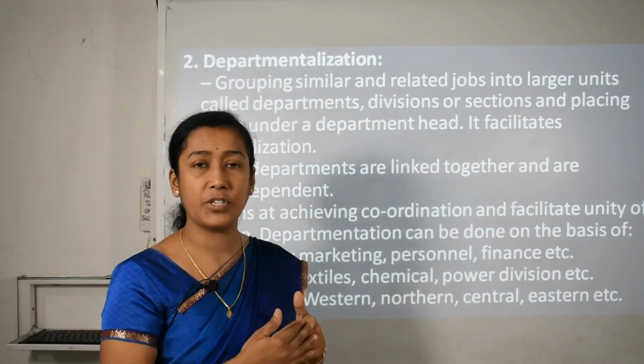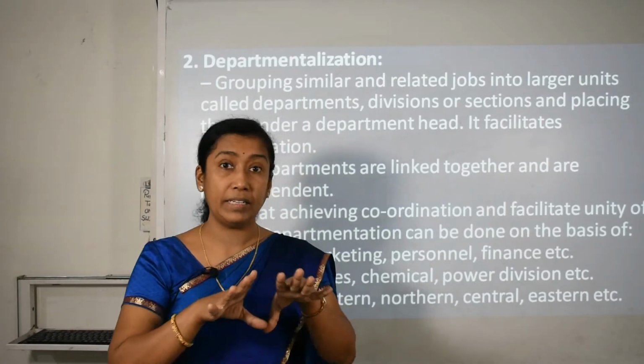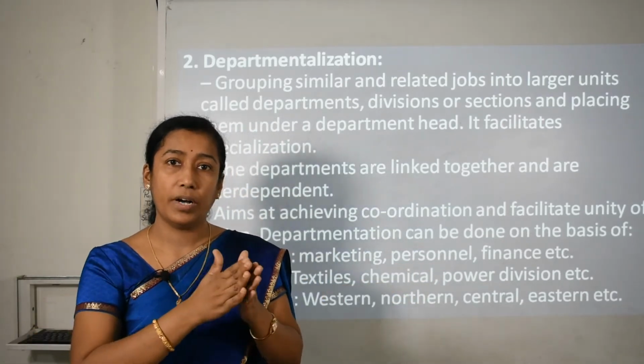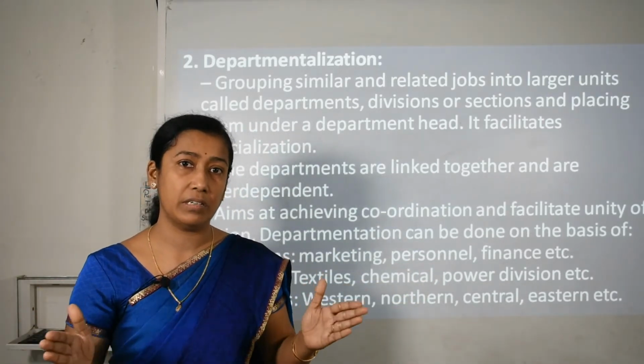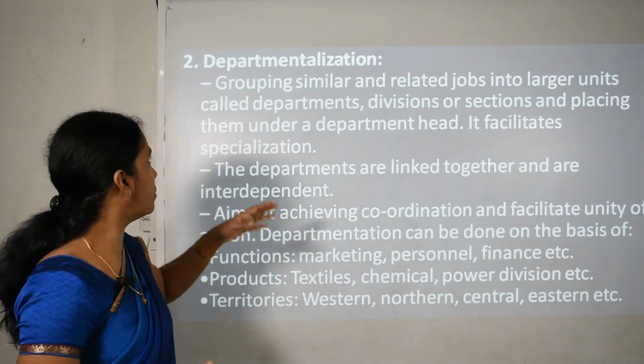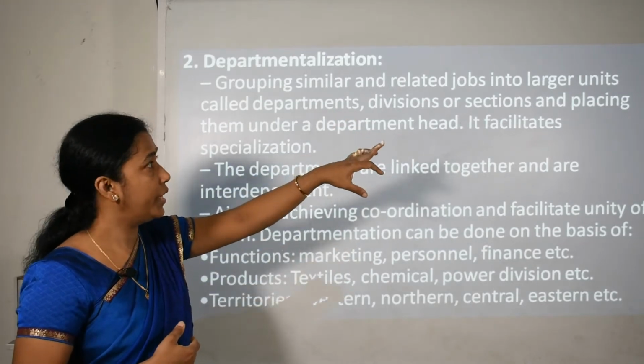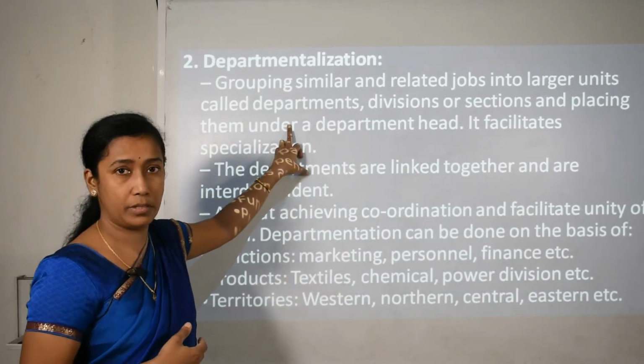After identification of the work and placement of the job, the second work is to make departments, that is to arrange the work according to various departments. It can be sales, purchase, marketing, various departments. So, grouping similar and related jobs into larger units called departments.